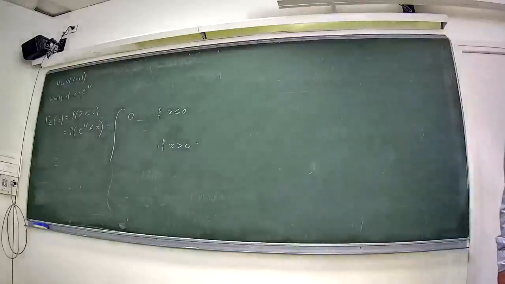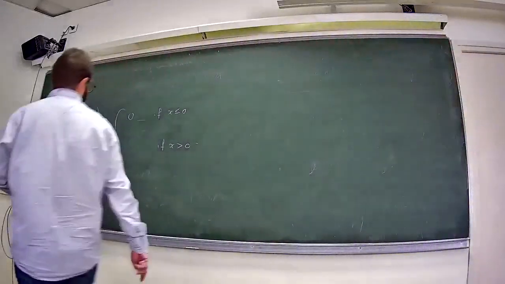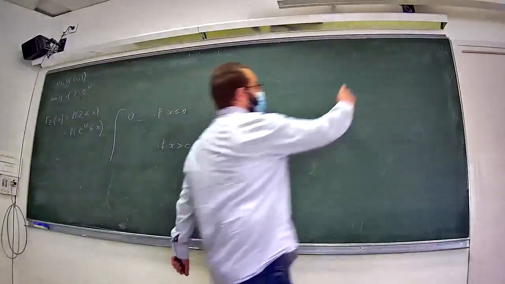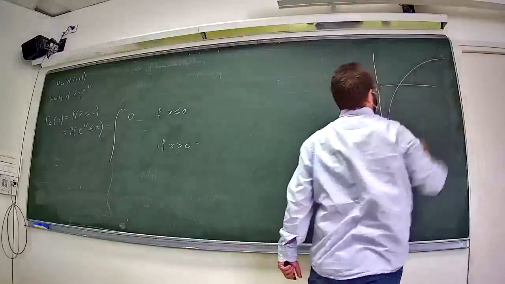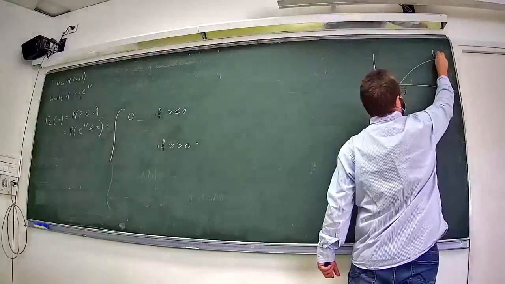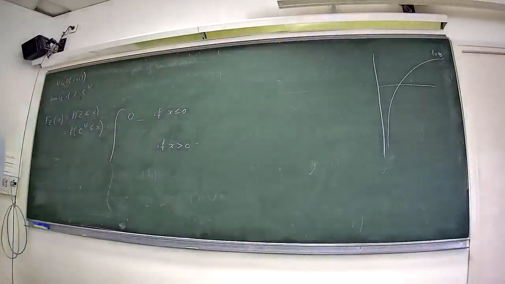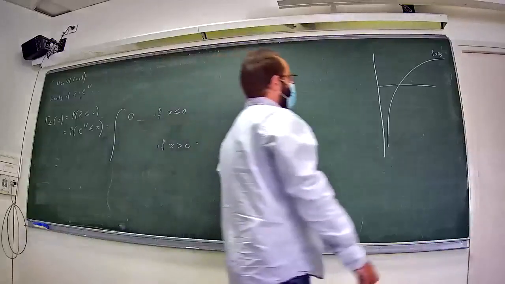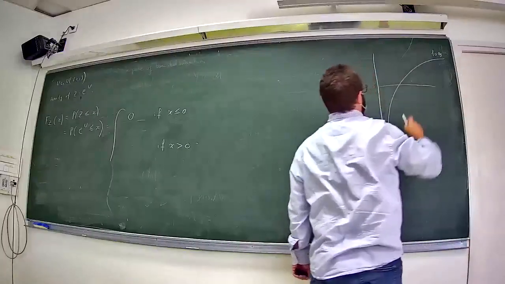I can take the logarithm, in fact. So in the case where x is strictly positive, I have the logarithm defined this way, that is the inverse of the exponential on R plus star, the exponential being this one.